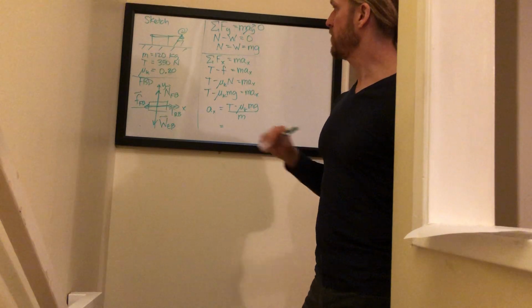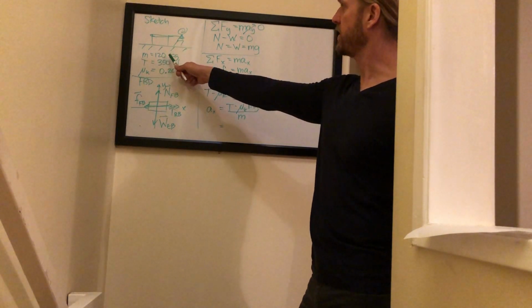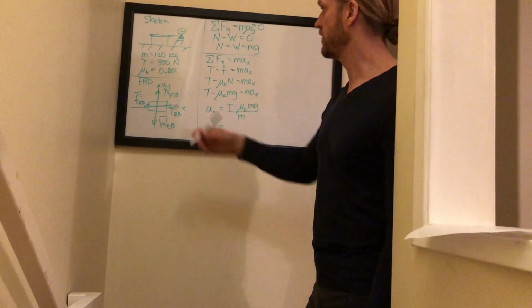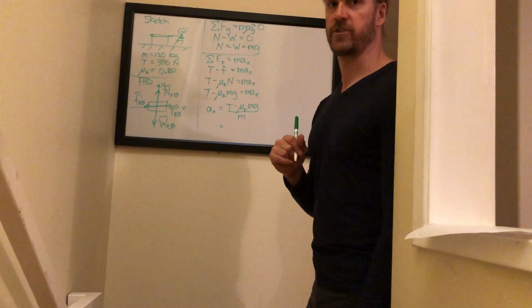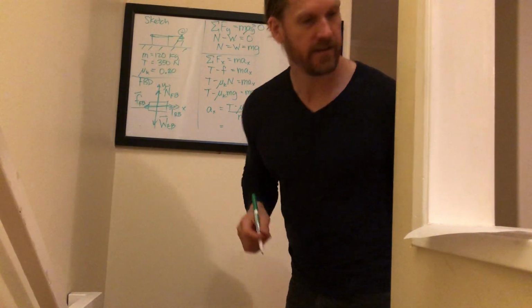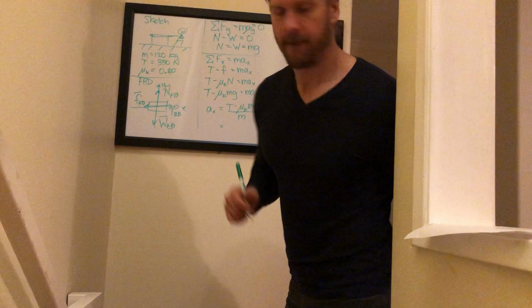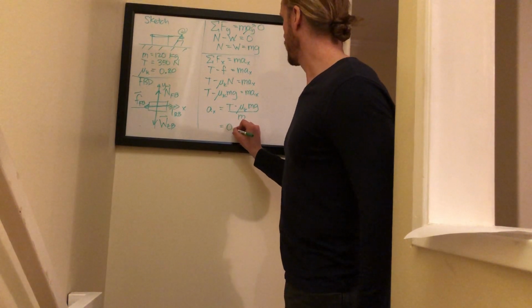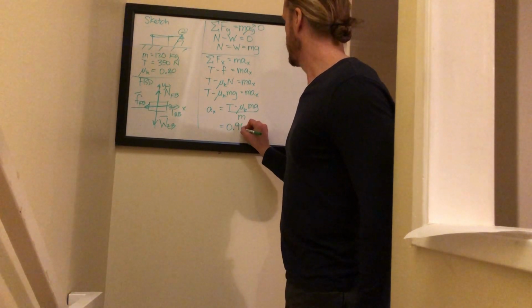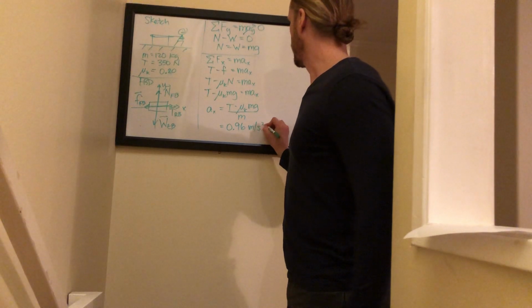And when you put in these numbers, mass 120 kilograms, tension 350 newtons, coefficient of kinetic friction 0.2, you find that the acceleration equals 0.96 meters per second squared.